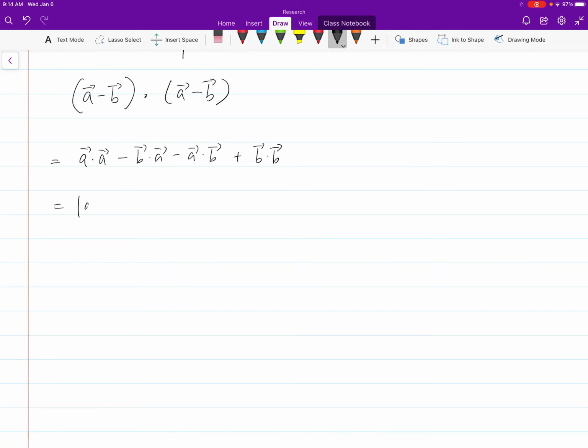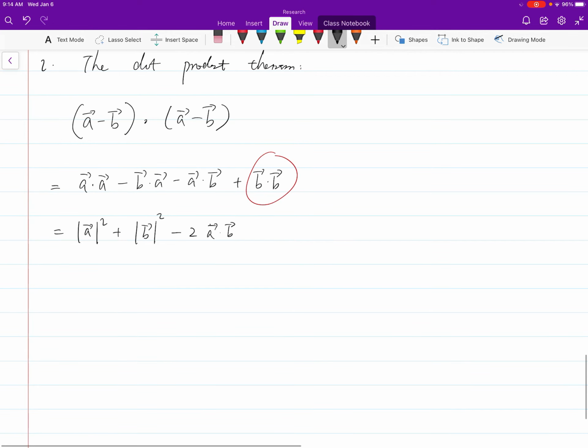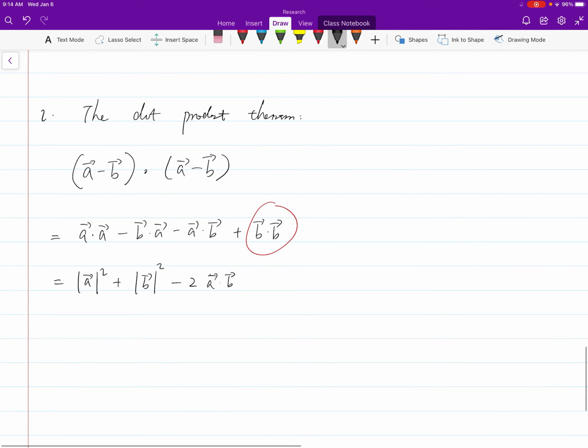Now you realize this is what? A dot itself is the length of this squared. I will move this one here, B dot B. Now I'm going to subtract 2 A dot B. So A minus B dot A minus B, by the way, equals the length of A minus B squared. So I will just write down that.